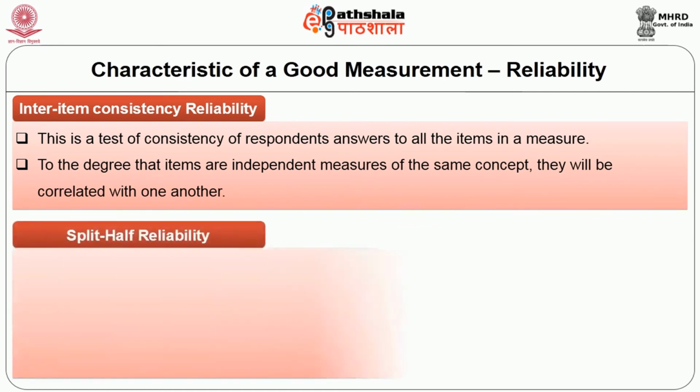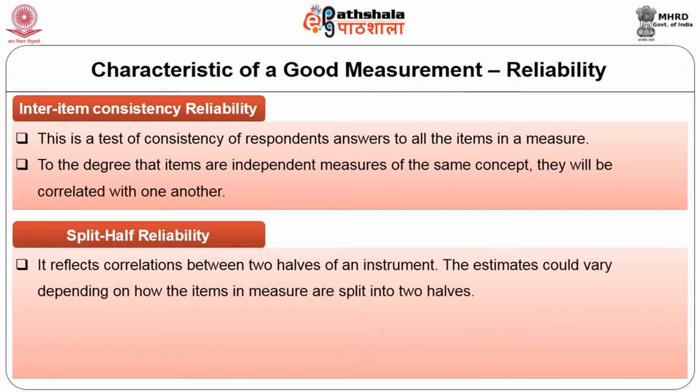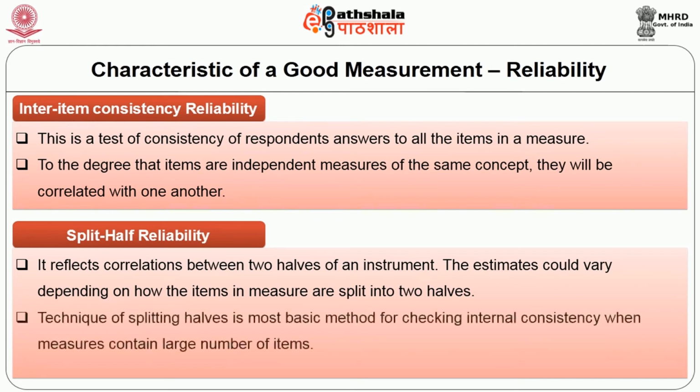Split half reliability reflects the correlations between two halves of an instrument. The estimates could vary depending on how the items in the measure are split into two halves. The technique of splitting halves is the most basic method for checking internal consistency when measures contain a large number of items.